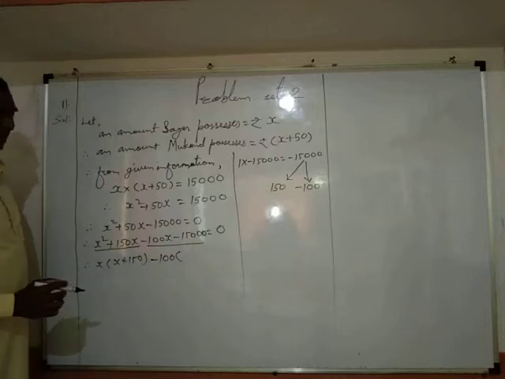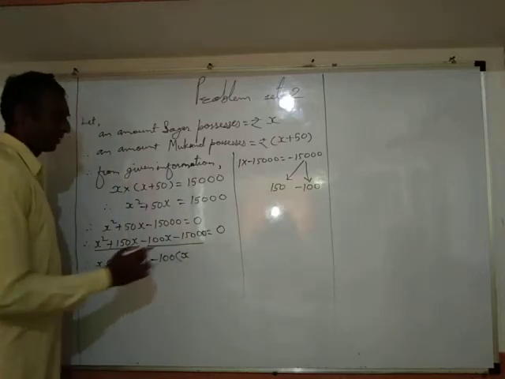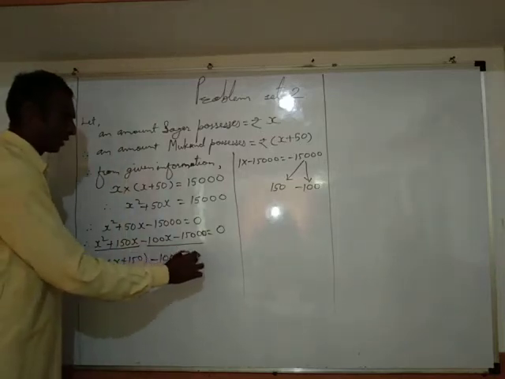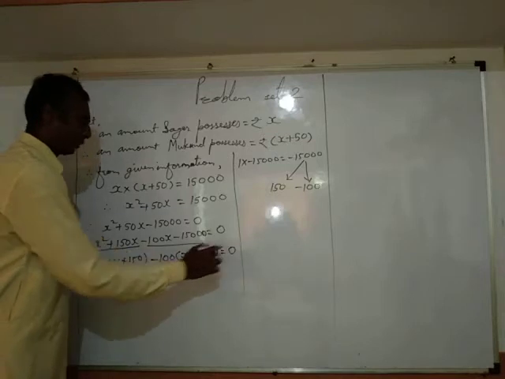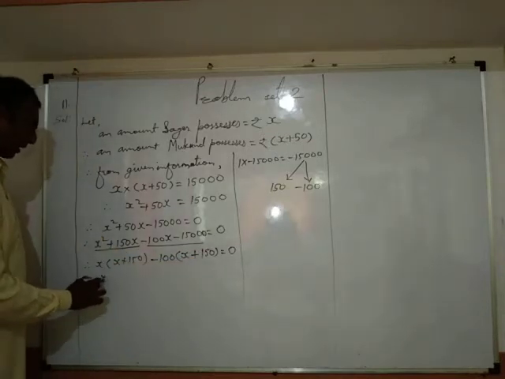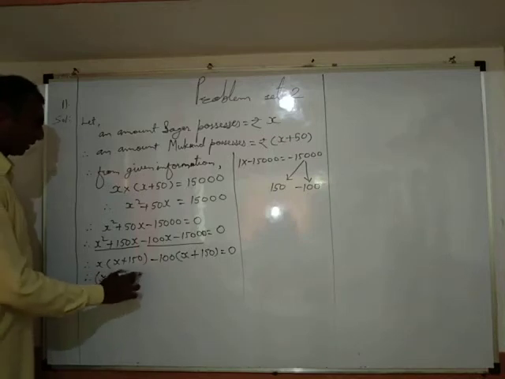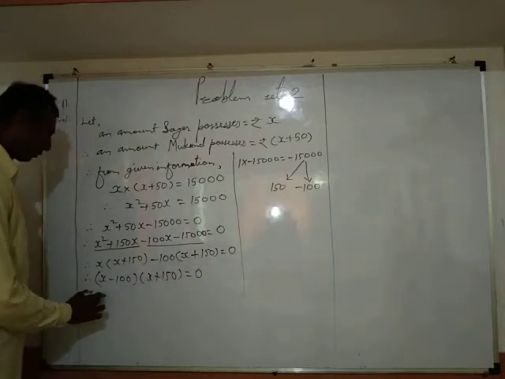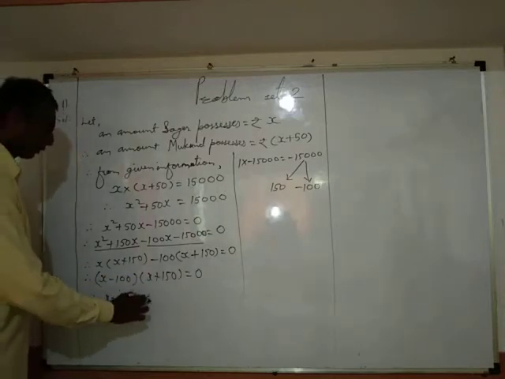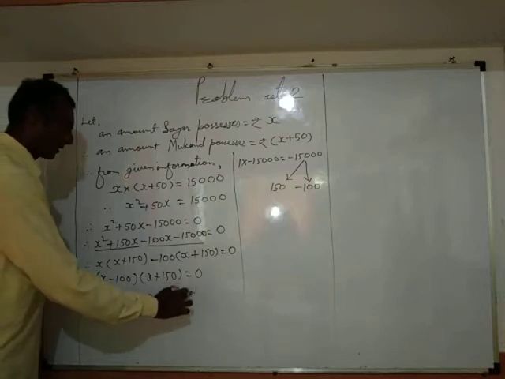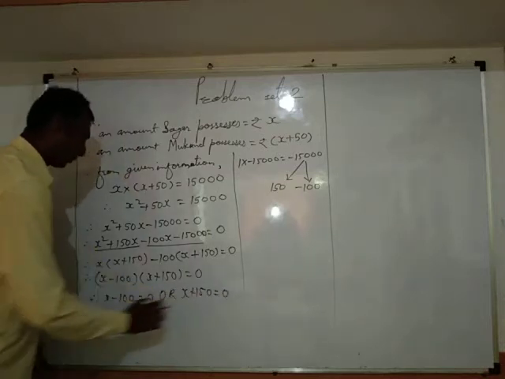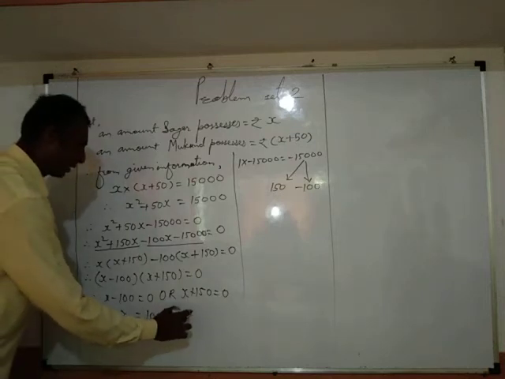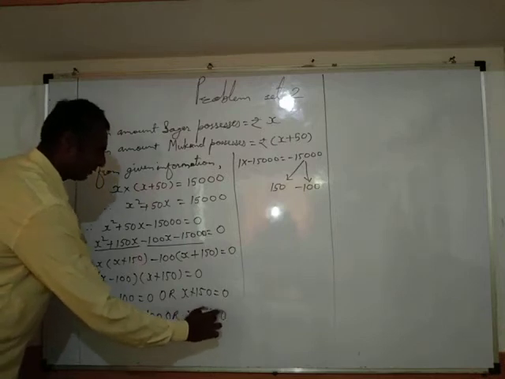Minus 100x divided by minus 100 gives us quotient x, and minus 15,000 divided by minus 100 gives us quotient plus 150, that equals 0. And therefore x minus 100 into x plus 150 equal to 0, and therefore x minus 100 equal to 0, or x plus 150 equal to 0, and therefore x equals 100 or x equals minus 150.